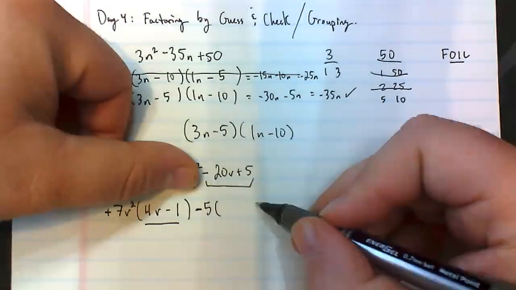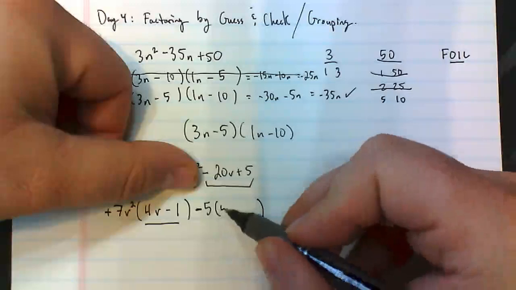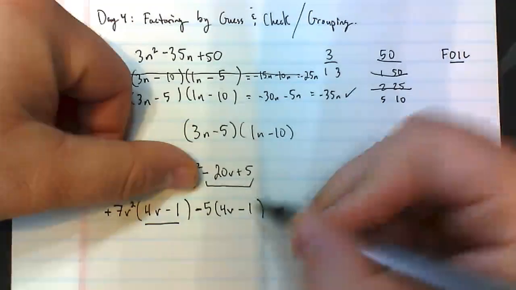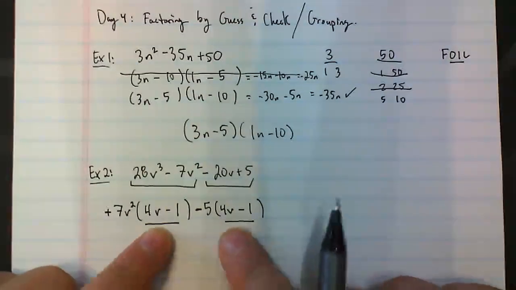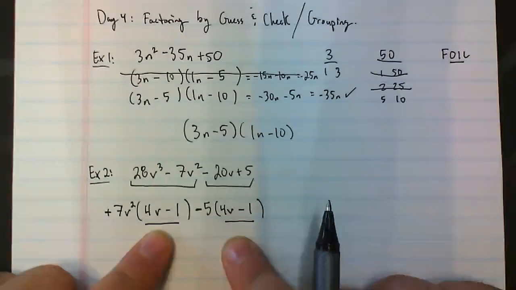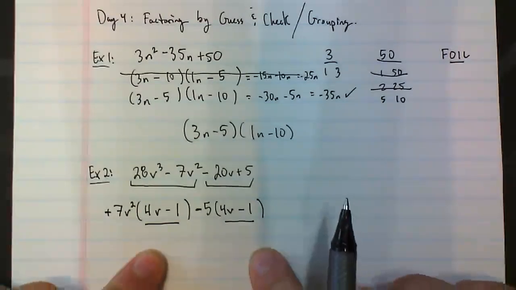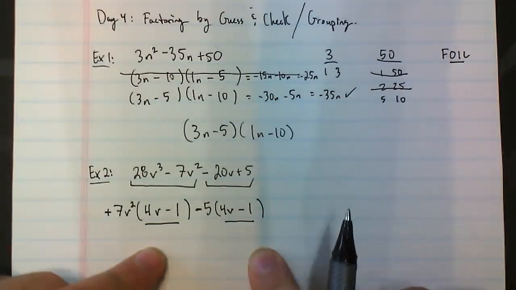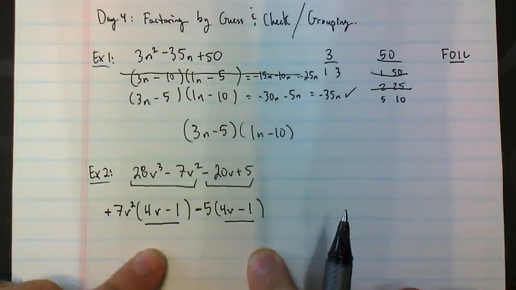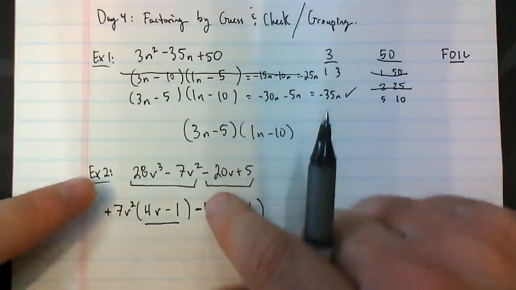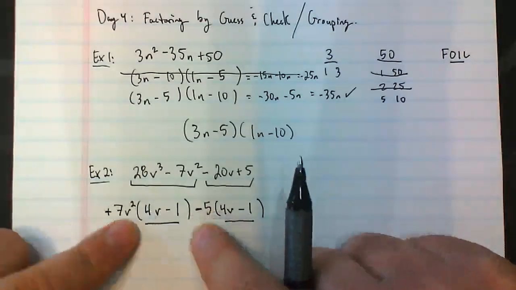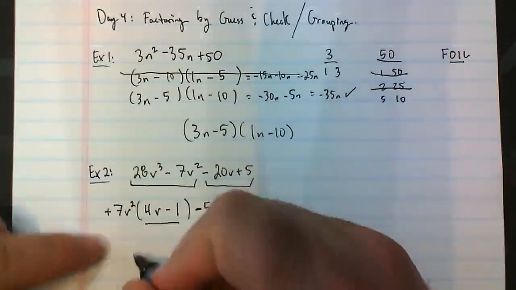So this is kind of important. We want to make sure that when we factor the next set with this guy, that we have this exact term inside our parentheses here. So this one, I'm noticing that I have a 5 in common. And I'm going to factor out the 5, but in this case, I'm going to factor out a -5.